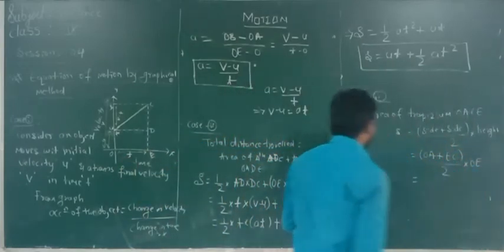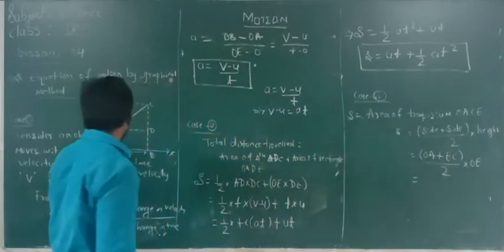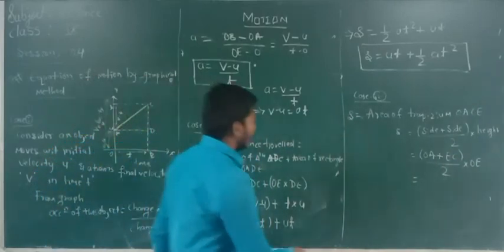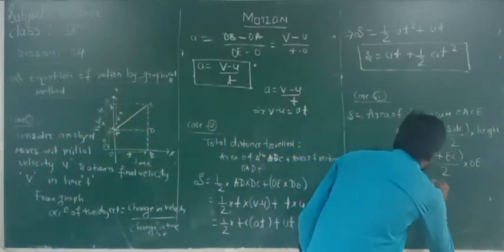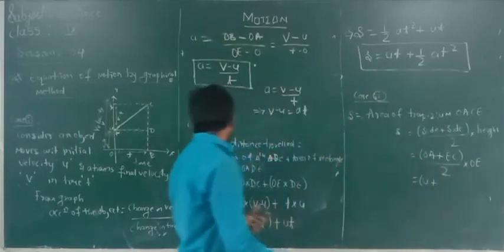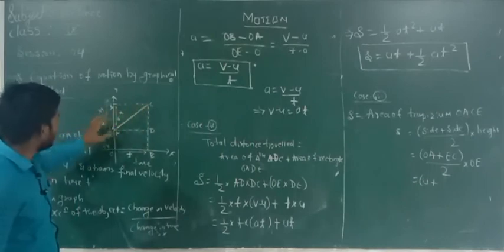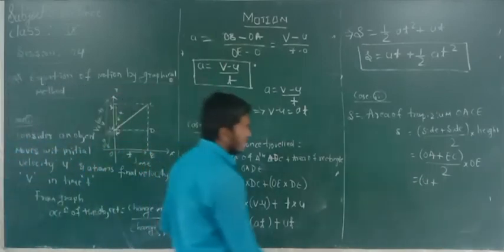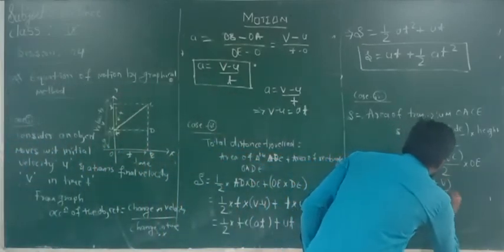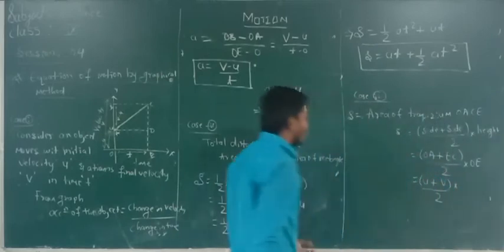Substitute the values. OA is equal to U, plus EC is equal to V here, divided by 2 into OE.